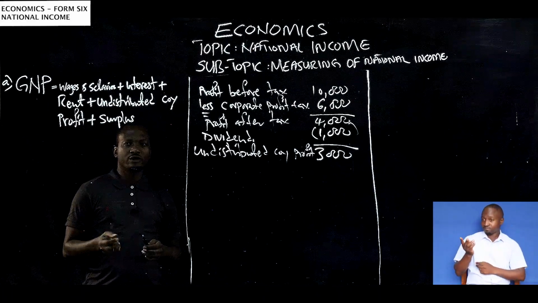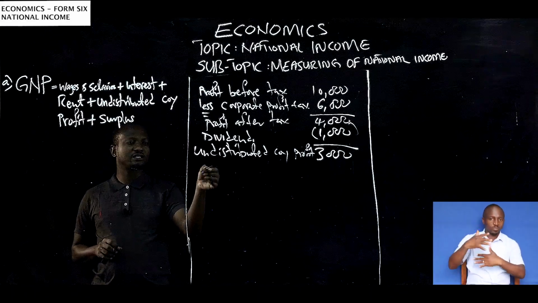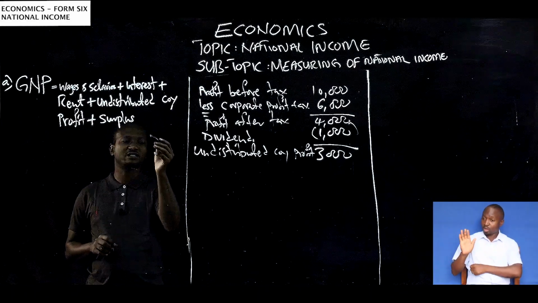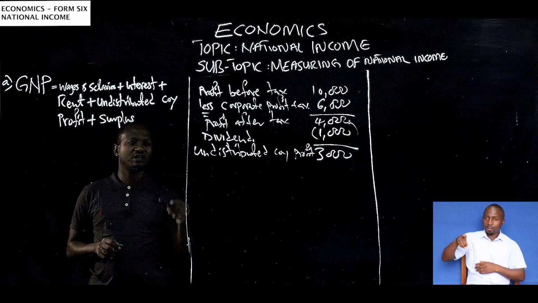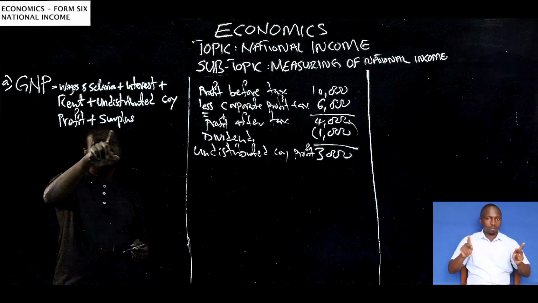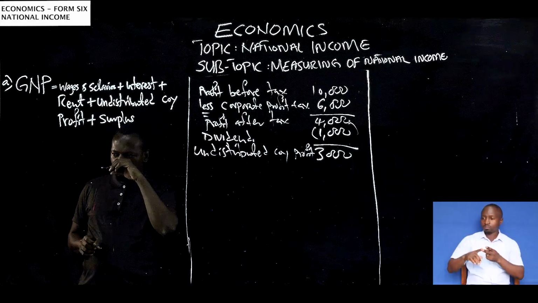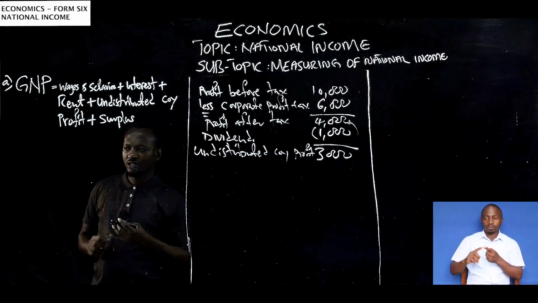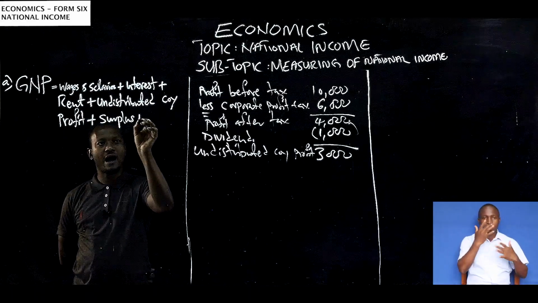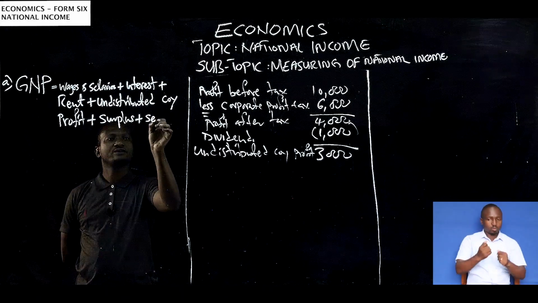We can call them non-trading institutions. So their excess income is called surplus and not profit, because they are not conducting normal business. So here we add surplus, a part of income from non-trading institutions.